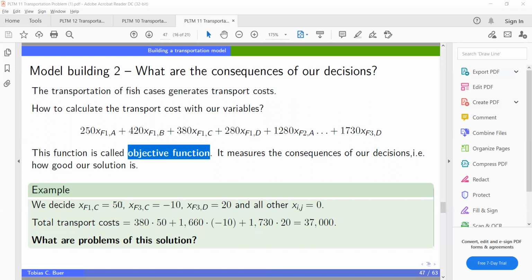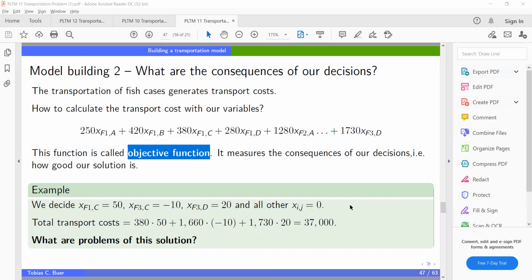F3 to D is 20, means we transport 20 cases of fish from F3 to D, and all other transport relations are 0. Is there a problem with this data? Of course, when I ask this way, you can assume there is a problem, but what is the problem?